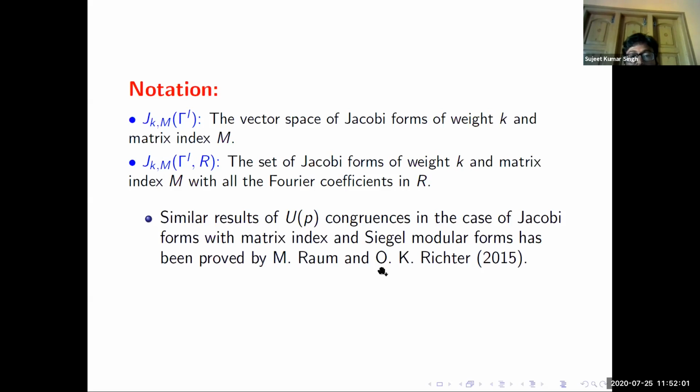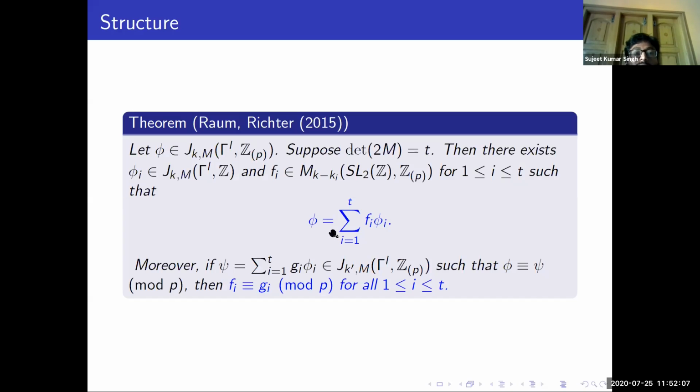And the main result needed to prove their result is a structure property. It says that if phi is any Hermitian Jacobi form, and if the determinant of 2m is t, then there exist Jacobi forms phi_i and modular forms f_i such that phi can be written like this.